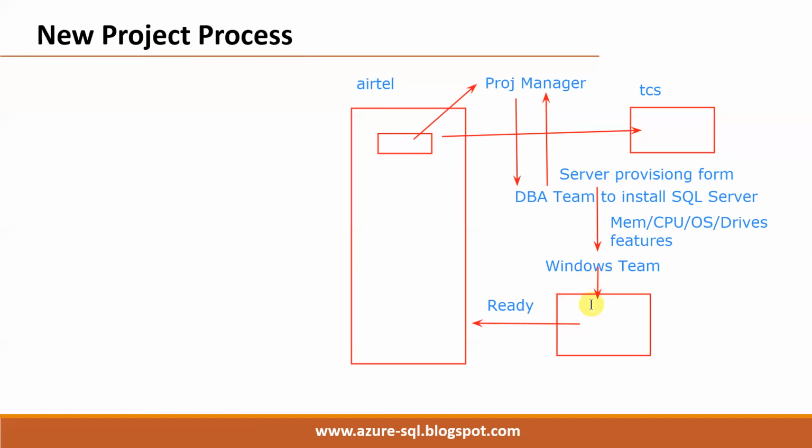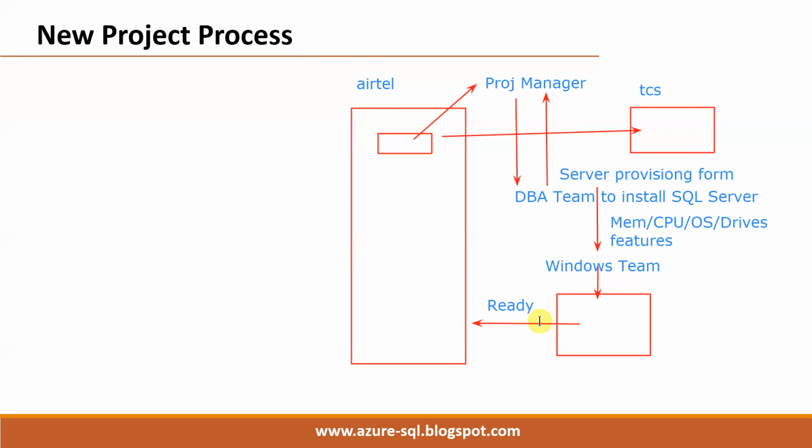Once they create the server, they will send the reply back to our team: the server is ready with this host name, this IP address, this RAM, this number of CPUs, these drives.